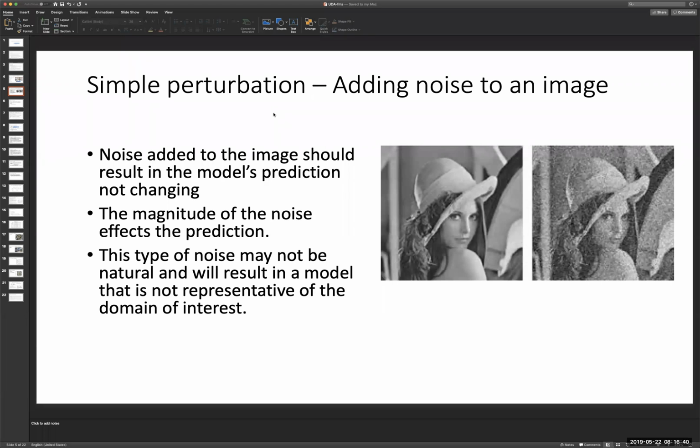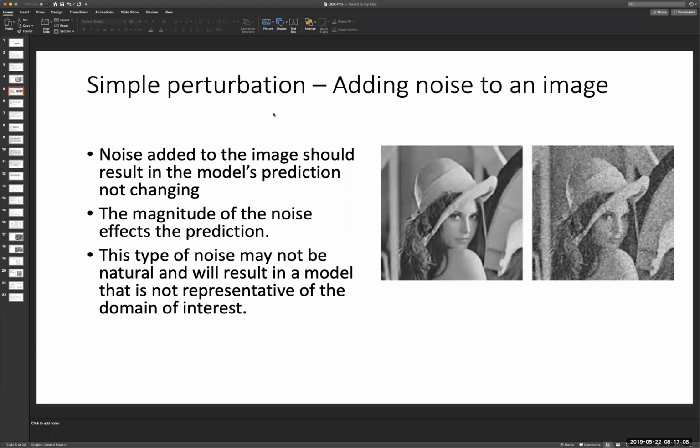And it has, in some domains, some usefulness, but generally speaking, it's not a good way to do things. It can result in the image being corrupted. The main thing is the type of noise may not be natural and will result in a model that is not representative of the domain of interest.